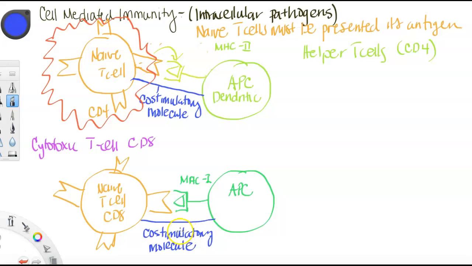The co-stimulatory molecules on antigen presenting cells are finite, so there may not be enough of them. If that's the case, then a helper T cell can come over and activate the CD8 cell. So if we have a CD8 cell here, let's do so that I have enough room. So here's the APC.